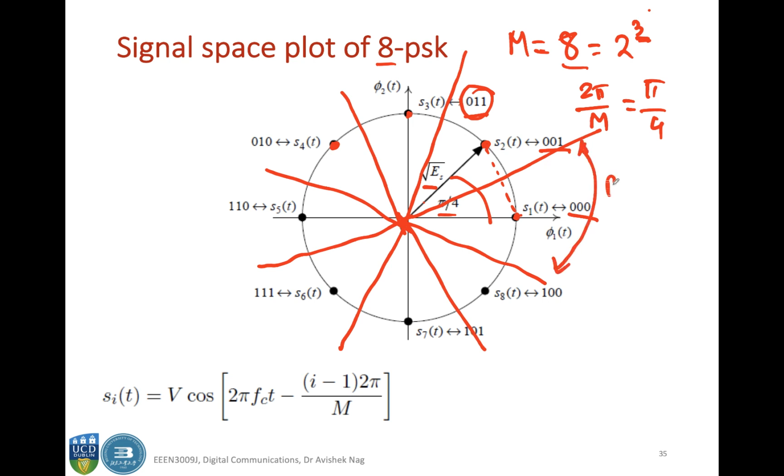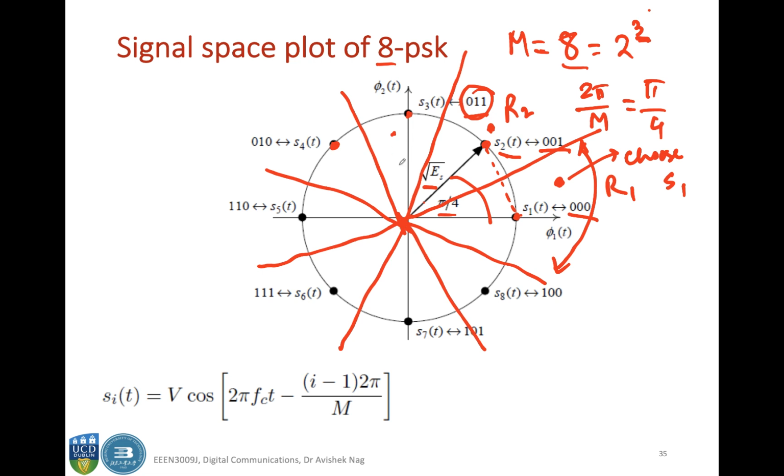This region is R1 for S1. If your received signal falls within this region, then you can choose S1. If your received signal falls here, this is the region R2 for S2, then you can choose S2. Similarly, this region is for S3, and if your received signal falls here, you can choose S3.